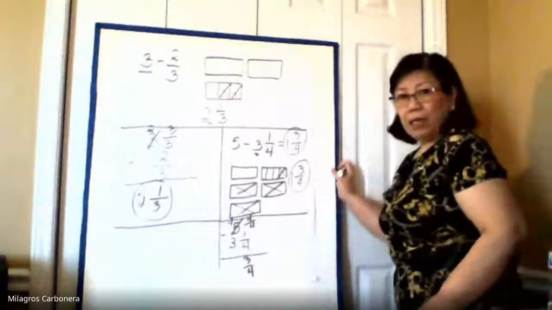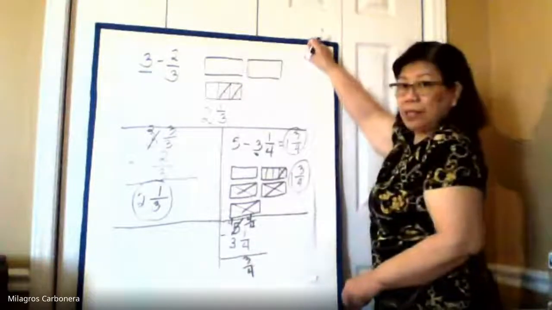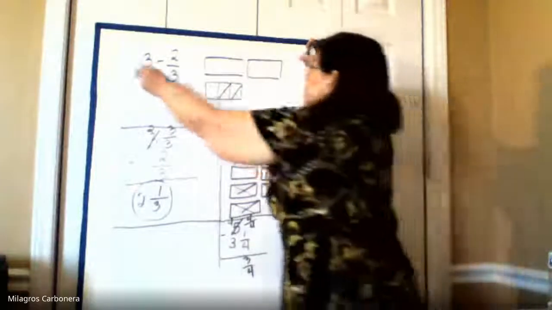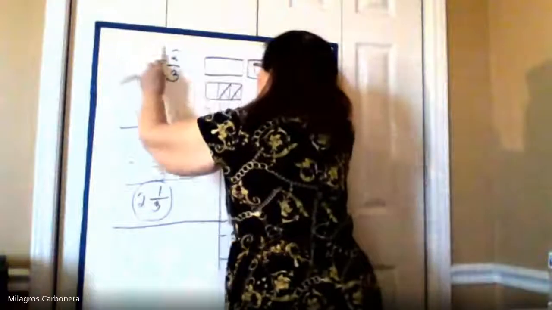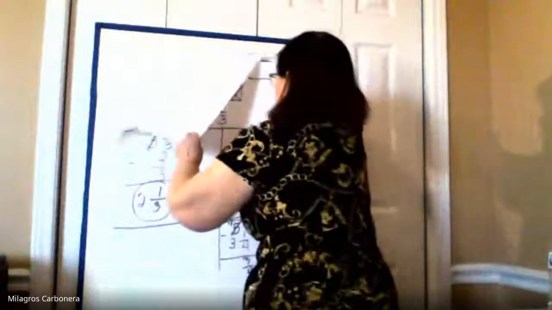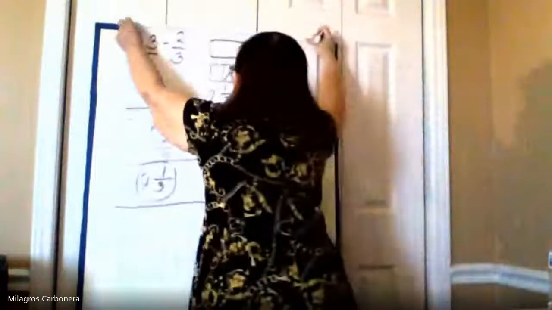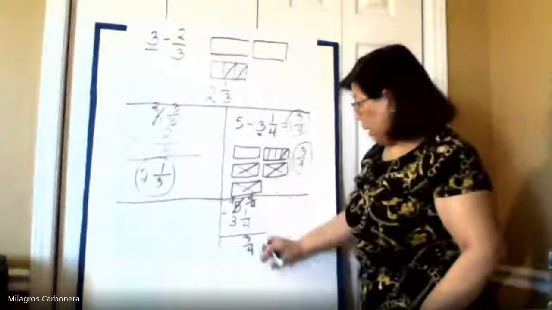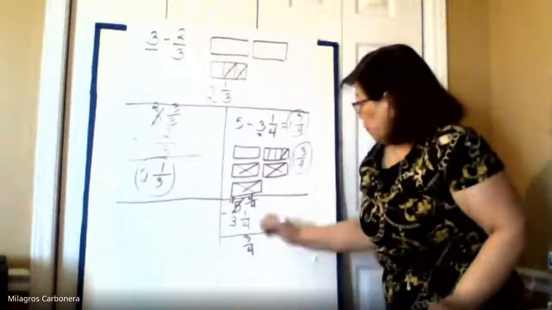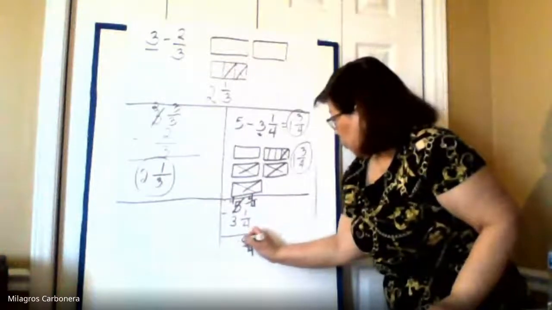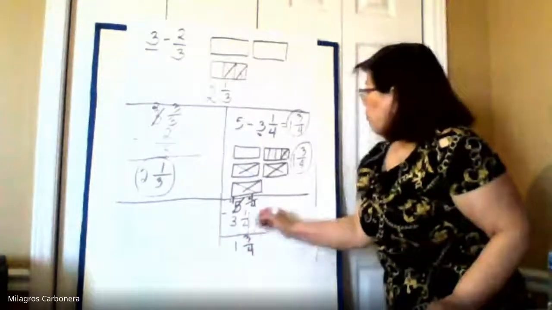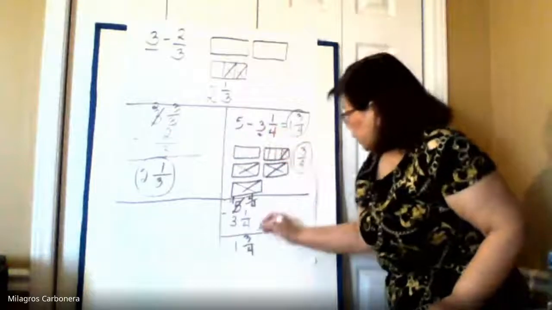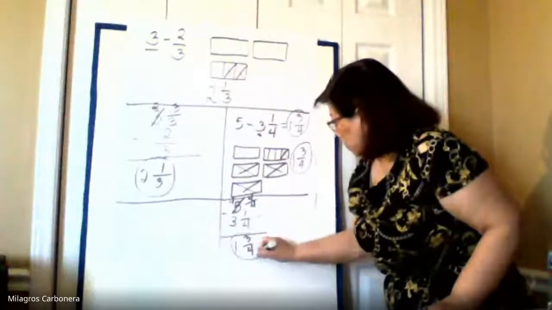I will make it a little bit higher so you can see. Okay? And then 4 minus 3 is 1. So 5 minus 3 and 1/4 is 1 and 3/4.